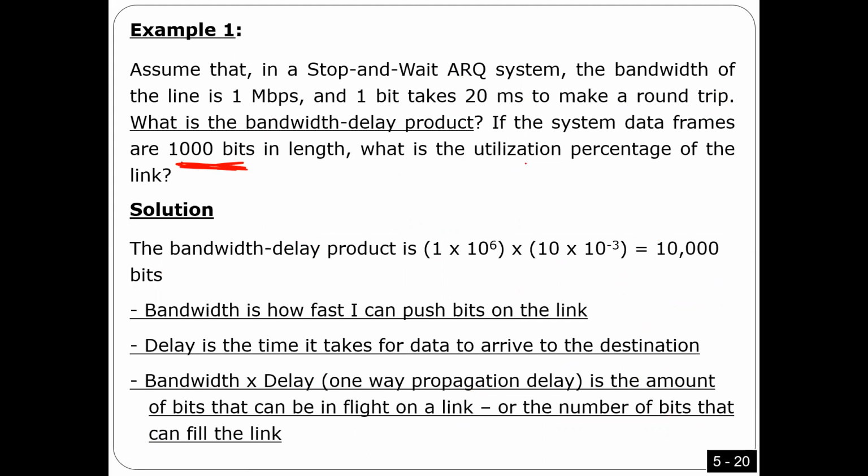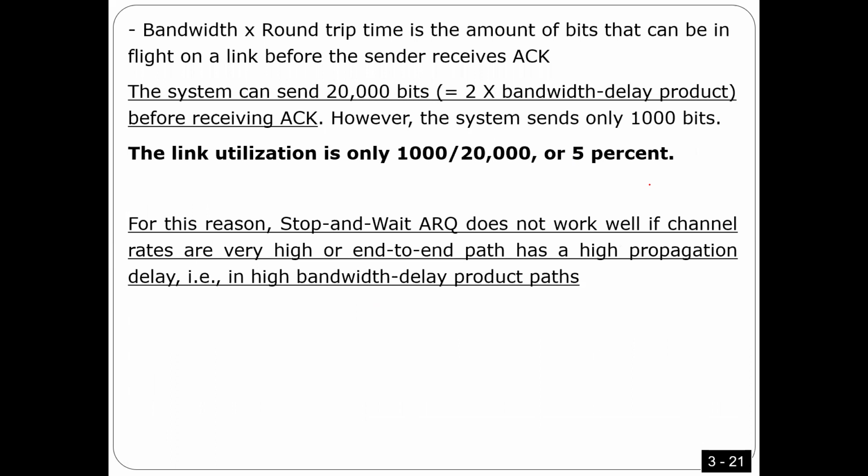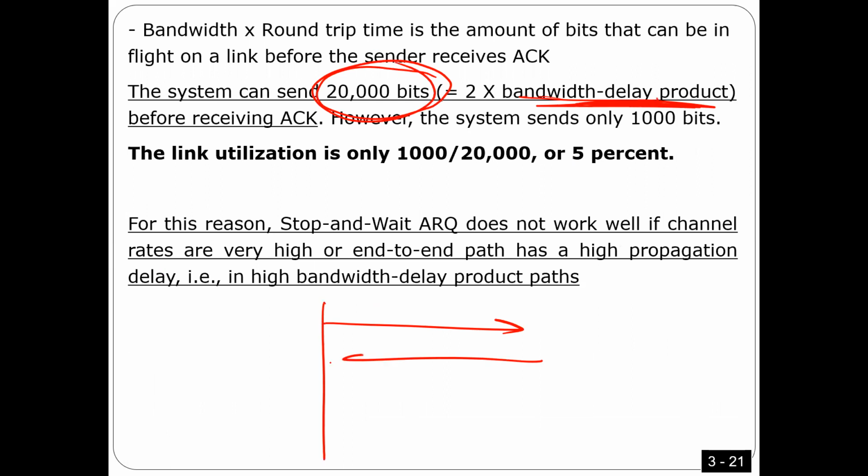I'm asking you what is the utilization percentage of the link. Look how I'm going to calculate it, very simple. I calculate double the bandwidth delay, which means I can transmit up to 20,000 bits in the time to go and come back. But based on this algorithm, I am going to transmit only 1 frame before I receive acknowledgement.